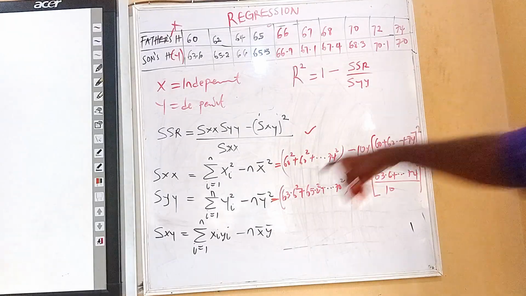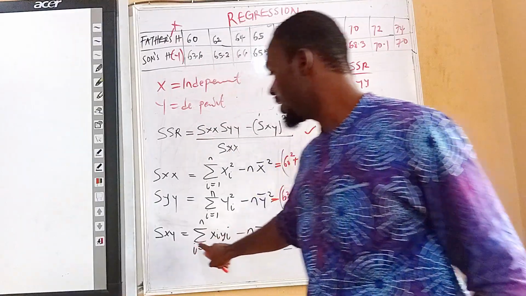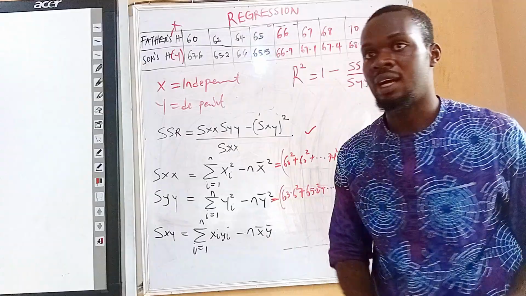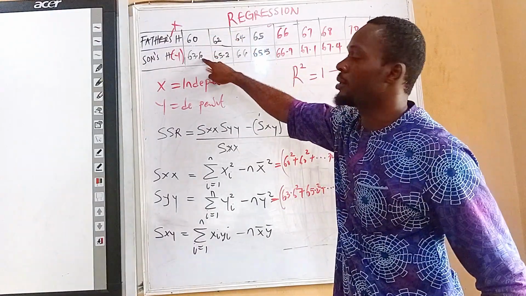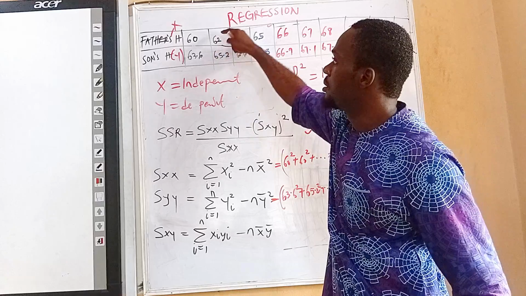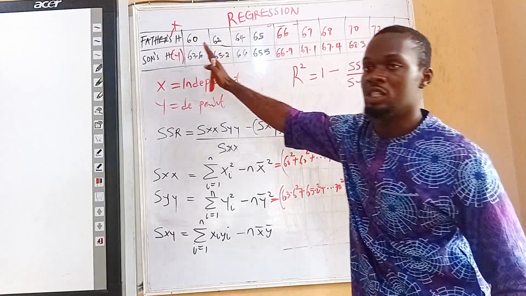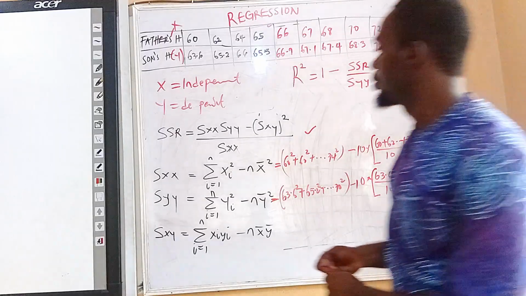So the next one now is to find SXY. It's saying you should multiply corresponding values of X and Y and sum them all. Multiply 60 times 63.6 plus 62 times 65.2, till you exhaust to the end, which is 74 times 70.